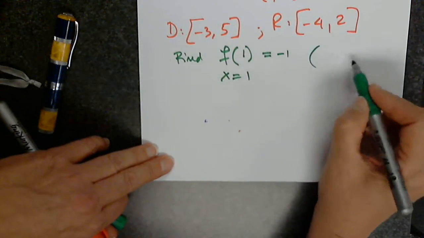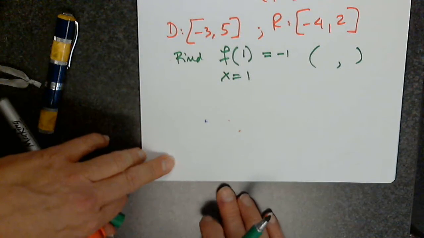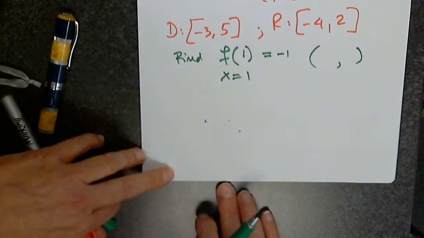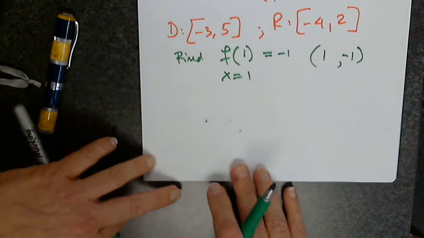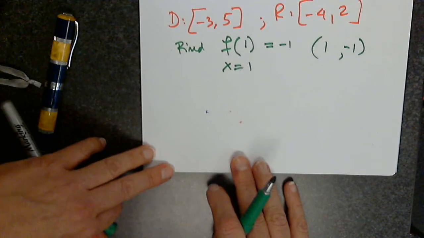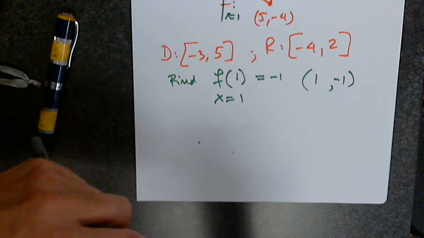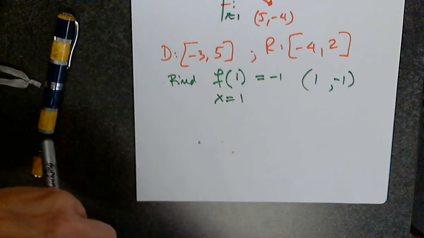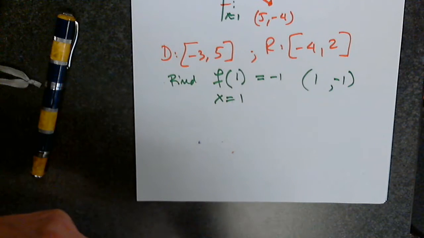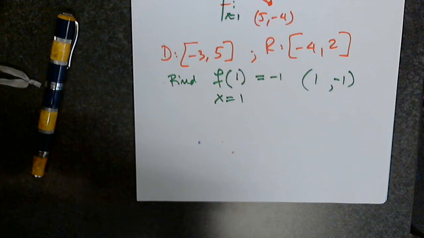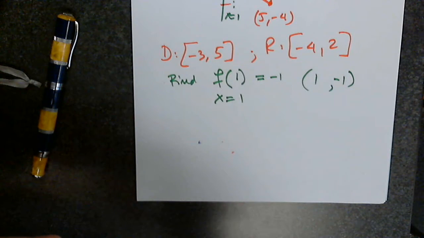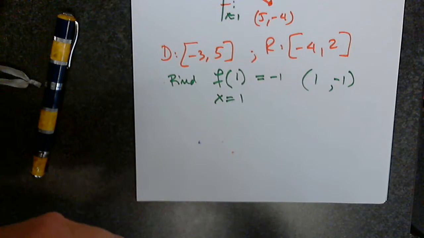Can anyone give us the point that you read from? 1 comma negative 1. So we back up just for 1 second. So it was originally f of 1. That's where we drew an imaginary line where x equals 1.